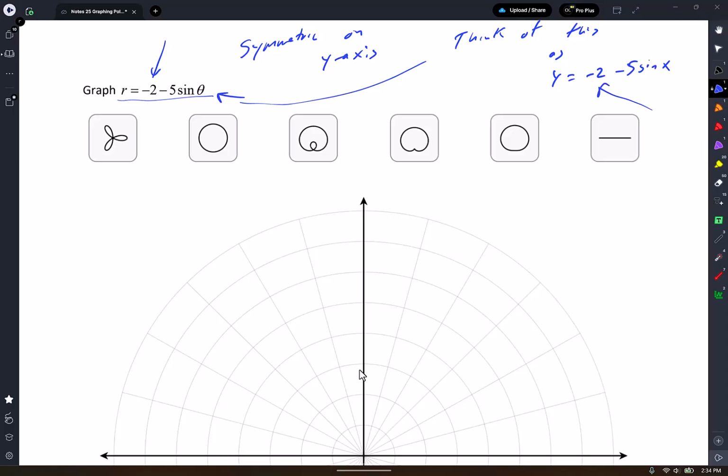That negative 2 is like a midline. That 5 is like an amplitude. So here's negative 2. If I were just to graph it, the highest it goes is negative 2 plus 5, which is 3, and the lowest it goes is negative 7.